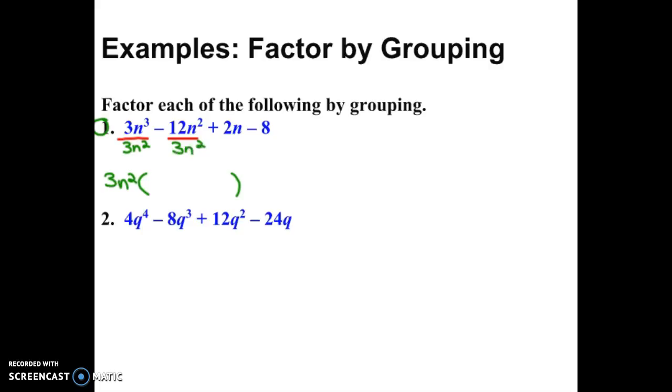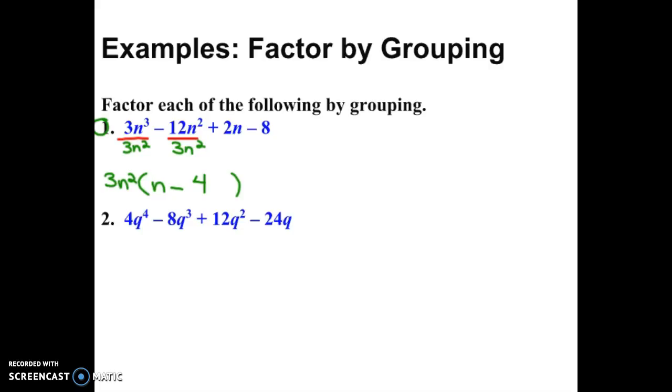So when you divide the first term by 3n squared, you're just left with an n, and I have a minus. And when you divide the second term by 3n squared, you're just left with a 4. So when you take out a 3n squared out of both those terms, you're left with n minus 4 after that.